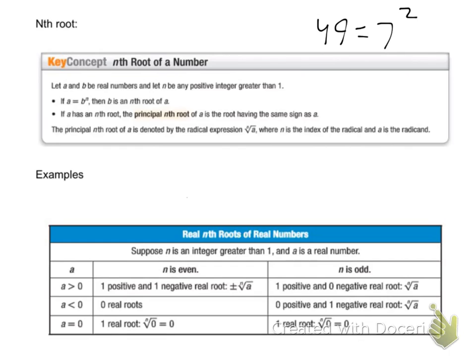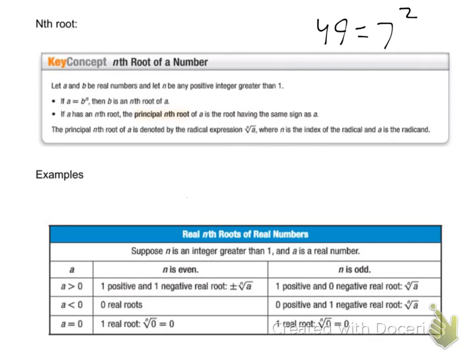Now, I was asking you the square root of 25, and you said 5, square root of 49, 7, because that is what we call the principal square root. The principal square root is the one that has the same sign as the number that we are taking the square root of. So most of the time, it's positive, because we're taking the square root of positive 25.